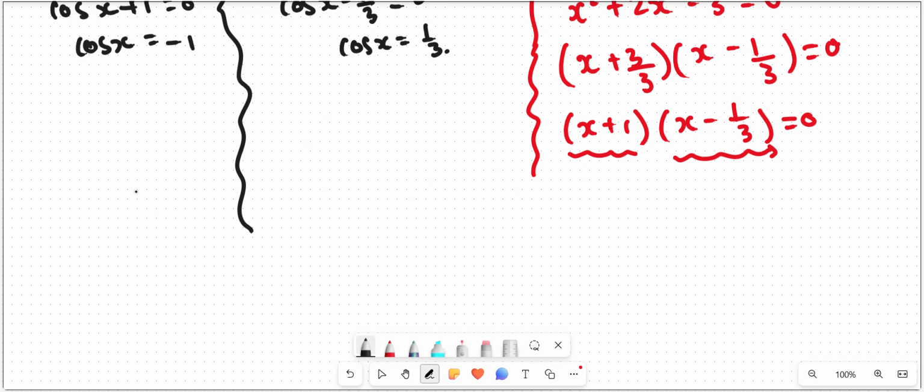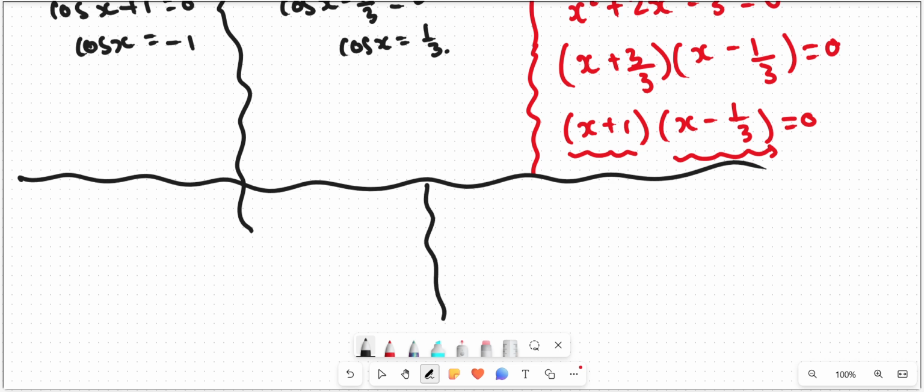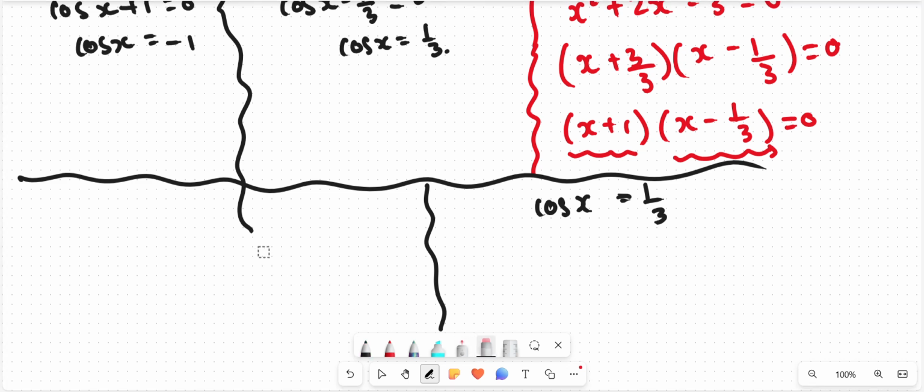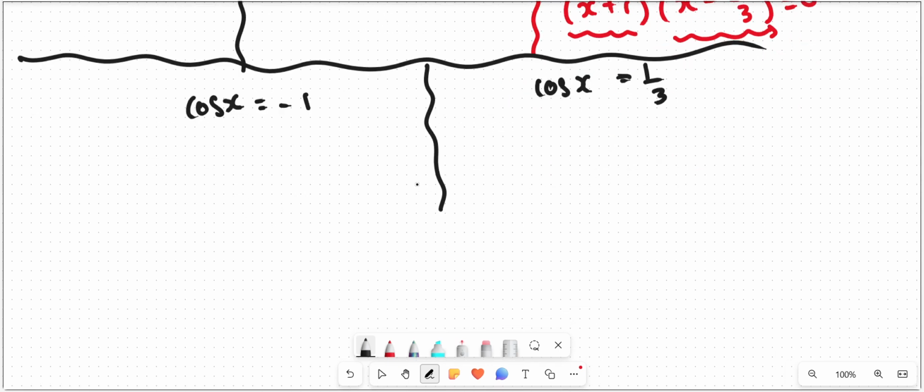So let me just drag it down here. I want a little bit more space. I'm going to put the cos x is a third down there, and this side I'm going to put the cos x is a negative 1. So let me check in my calculator again for my reference angle.